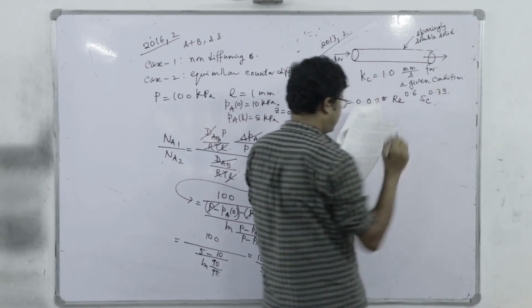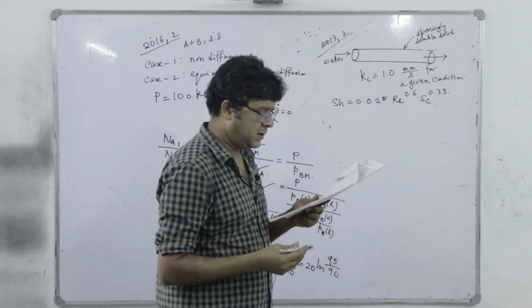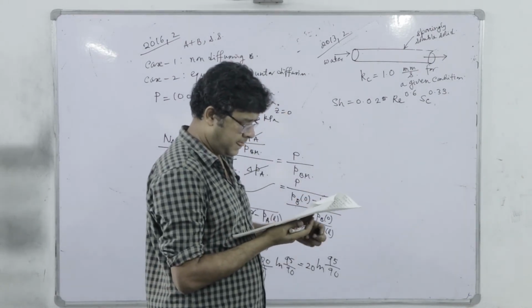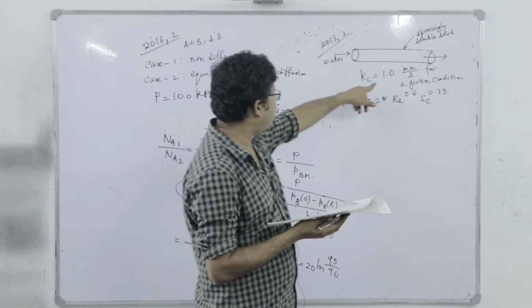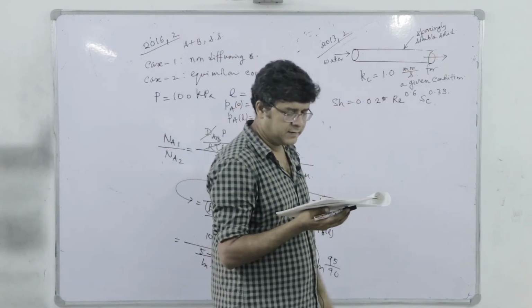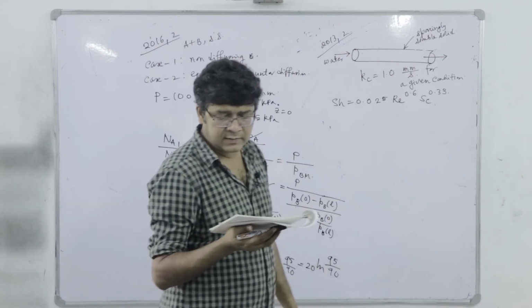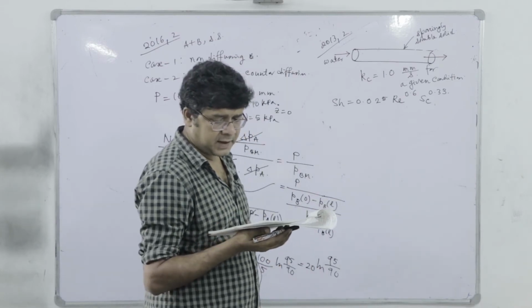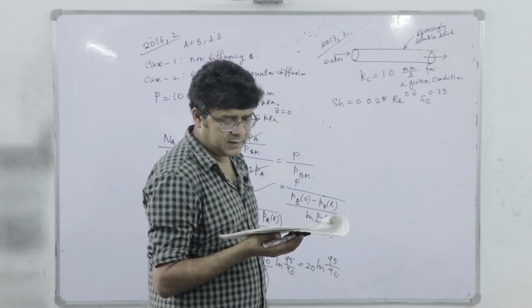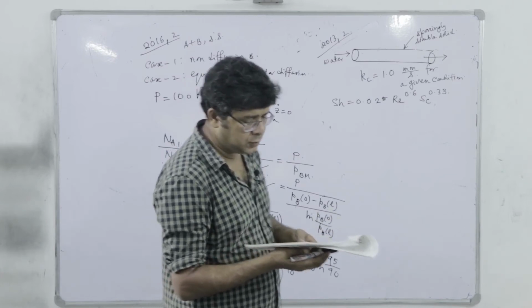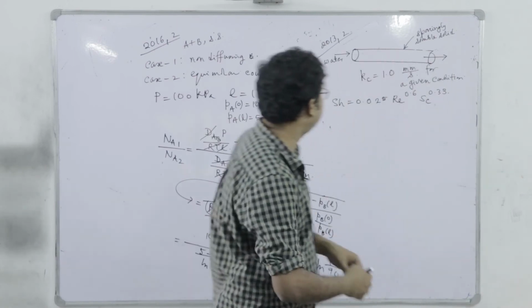This is given in the problem statement. Now, if the velocity of the fluid and the diameter of the pipe are both doubled, what is the new value of Kc in millimeter per second up to 2 digits after decimal point?